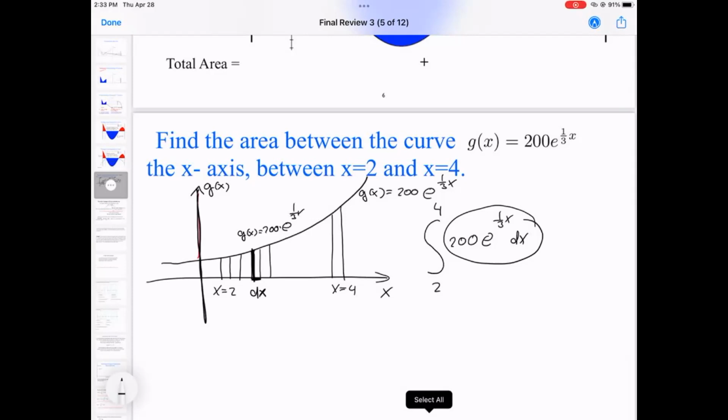So this product gives you the area of this infinitesimal rectangle, 200 times e to the 1/3 x times dx, approximately a tiny area of that thin rectangle.